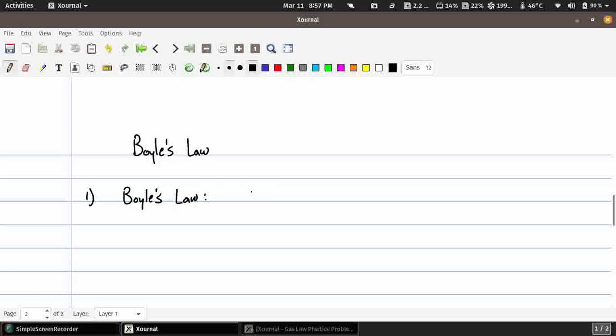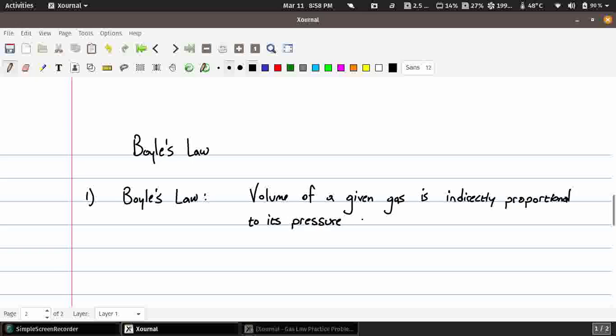So, the volume of a given gas is indirectly proportional to its pressure if the temperature is constant.